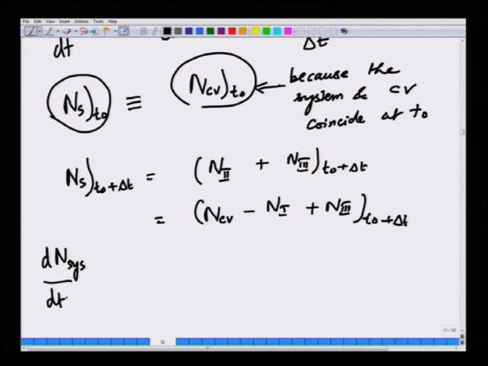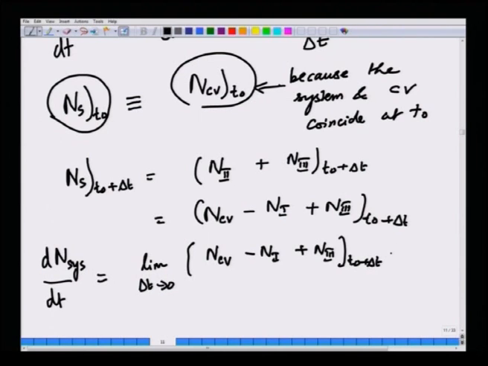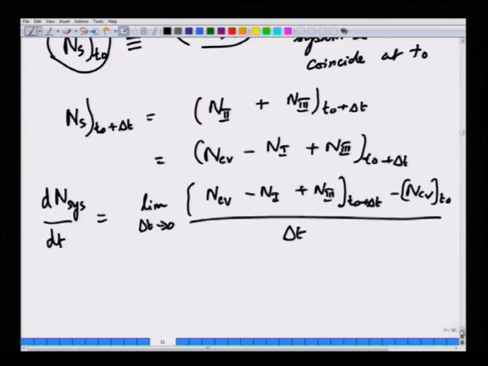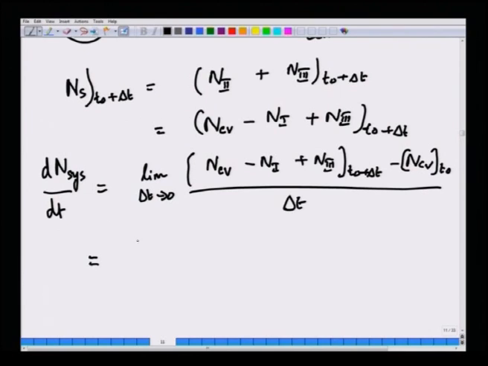So, the rate of change of the total amount of something present in the system is limit delta t going to 0 of NCV minus N1 plus N3 at t0 plus delta t, minus NCV at t0, divided by delta t. This can be split into 2 or 3 terms.